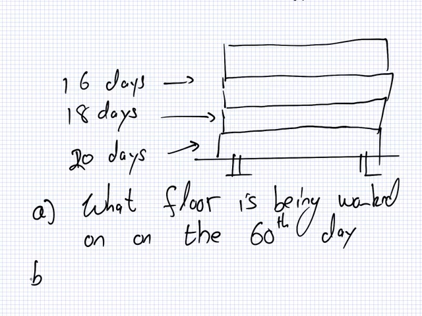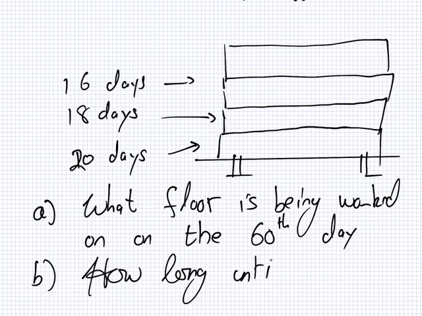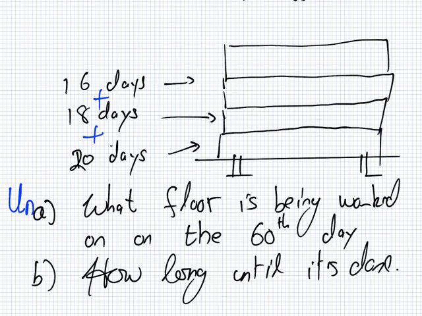And then part B is, how long until it's done, it's completed. Just to give you a little bit of a hint, this problem is a Un problem, and because part B is how long, you want to add all the days together. So this one is an Sn type of problem.